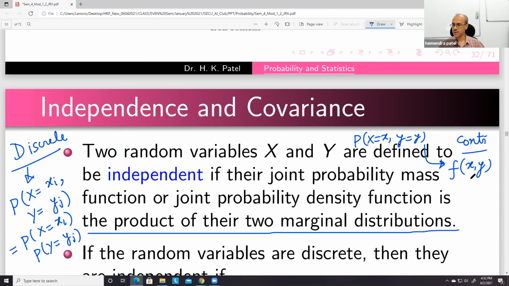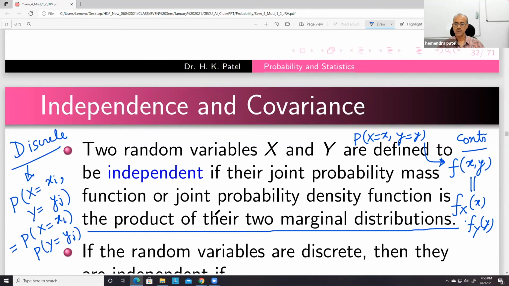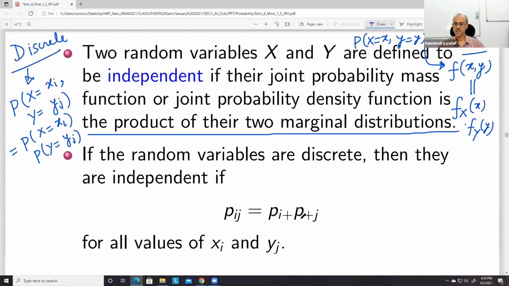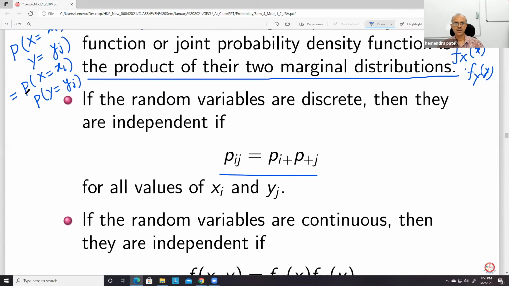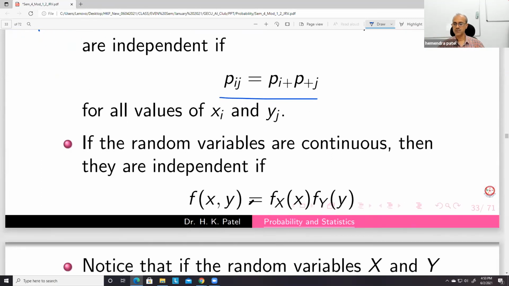So this fxy must be equal to the product of the two marginals, fx of x into fy of y. Then the random variables x and y are said to be independent. So if the random variables are discrete, I have written exactly this in terms of Pij, we have Pi plus into P plus j. And in case of continuous, fxy will be equal to fx(x) fy(y).